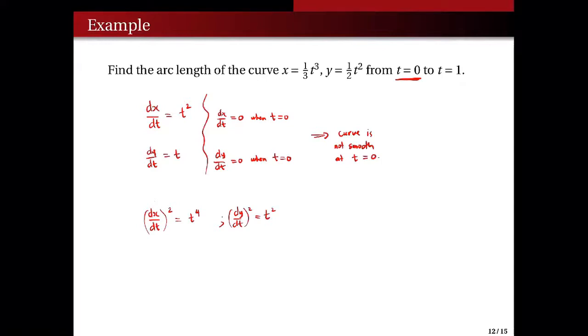Okay? So L, it's the integral from 0 to 1 of square root of dx over dt squared, that's t to the 4, plus dy over dt squared, that's t squared, and then we have the dt.